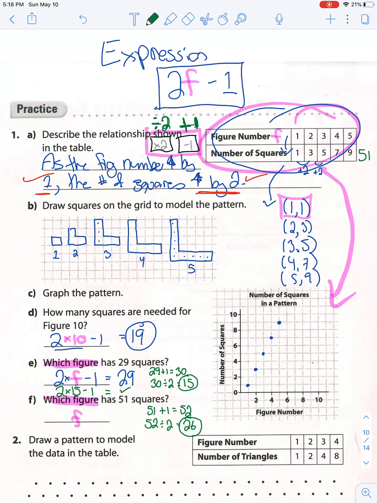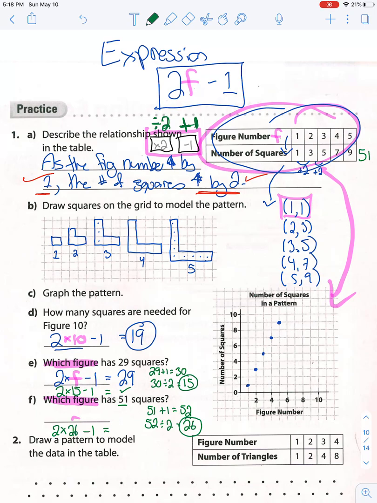If you wanted to check this, you could put it into the equation. So my f is 51, right? Or this is an equation because we have an equal sign. Oh, no, sorry, 26. I put 51 in.